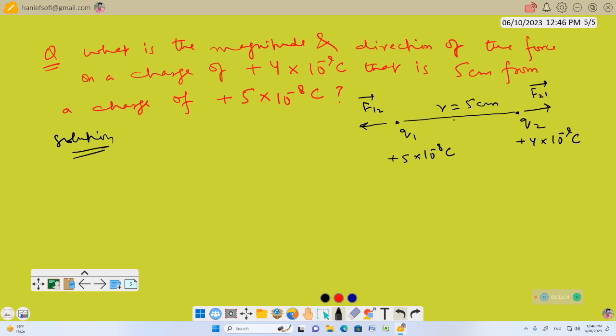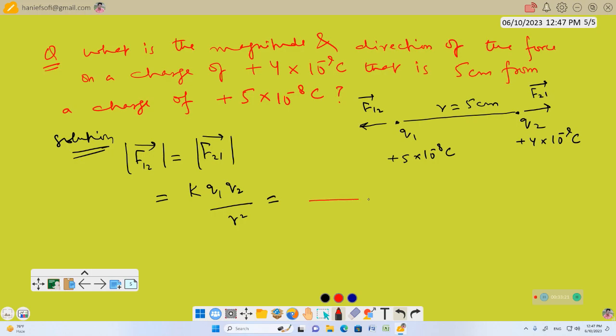What about their magnitudes? The magnitude of F12 is the same as the magnitude of F21, and both are equal to K Q1 Q2 over R square. Let's put the numbers.